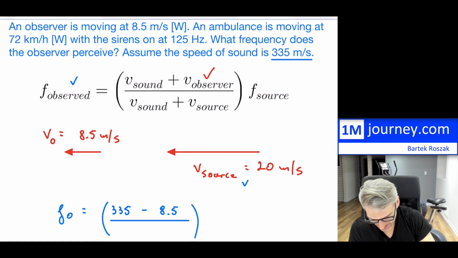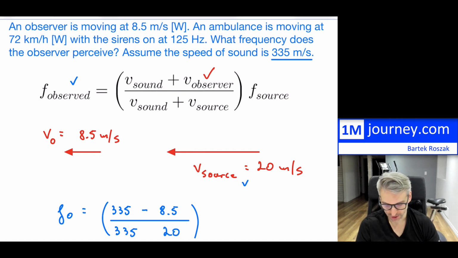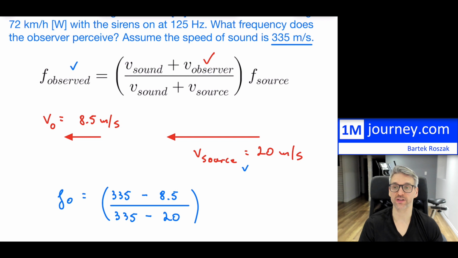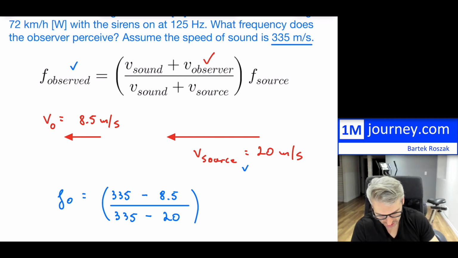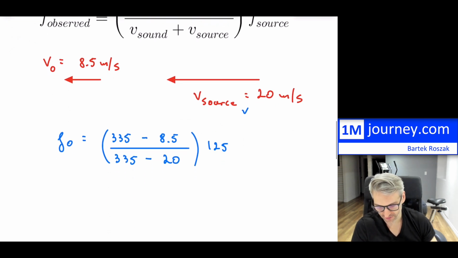So this is going to be negative. The denominator is 335, and now this is going to be 20. It's moving towards the observer at a certain speed, so this is also negative. Both of these are negative here. And the source itself is 125 hertz. That's what the siren is going off at. So that would have been the first one.